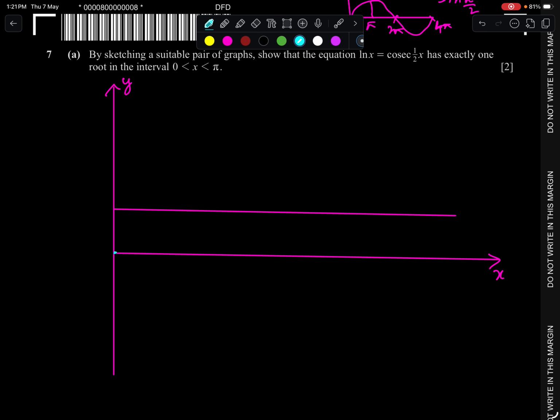This is sin x till pi. Sine will help you to sketch cosec easily. See, sine 0 is 0, so cosec 0 is infinite. So this is cosec.